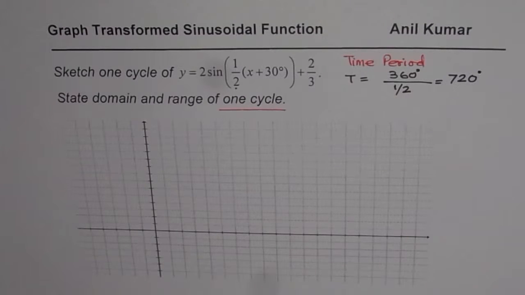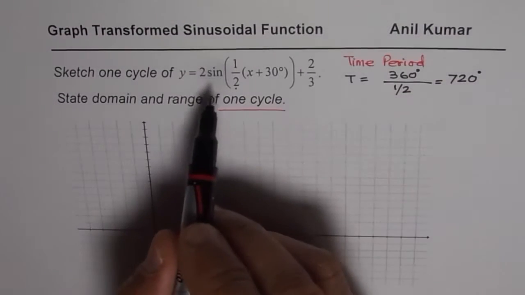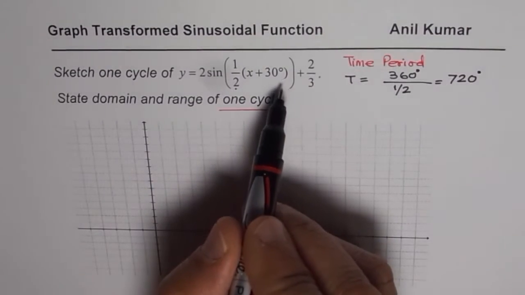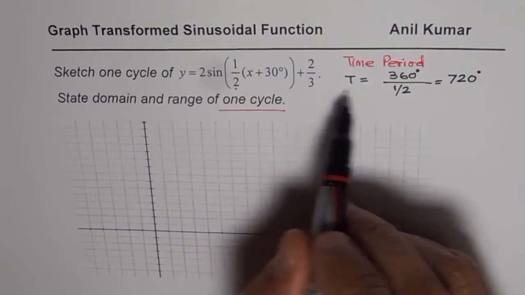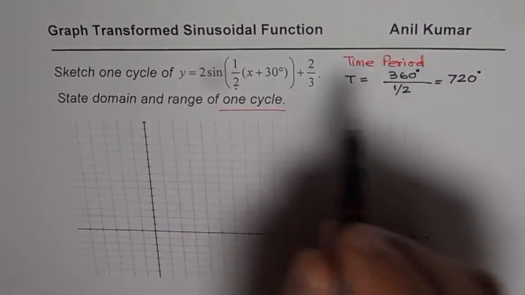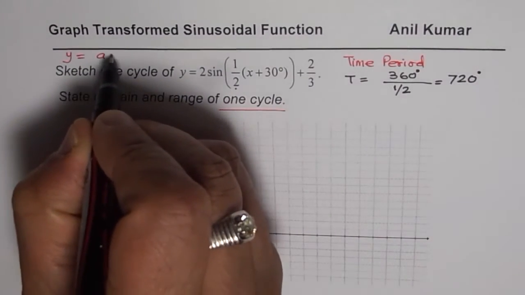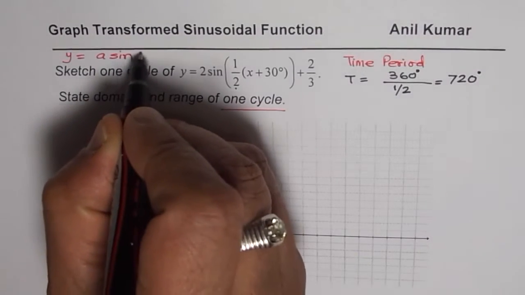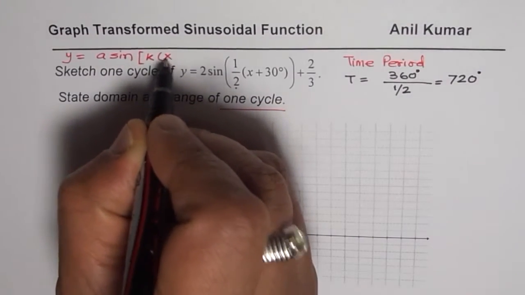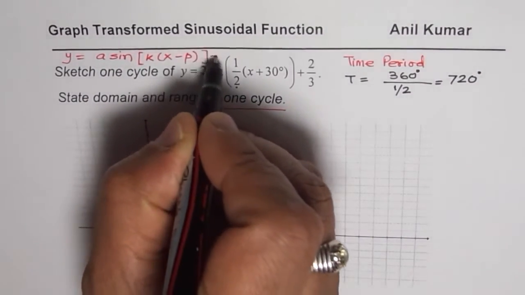Let me give you the general formula of the sinusoidal function first, and then from there we will relate the relations. The general formula is y equals a sine (k(x minus p)) plus q.